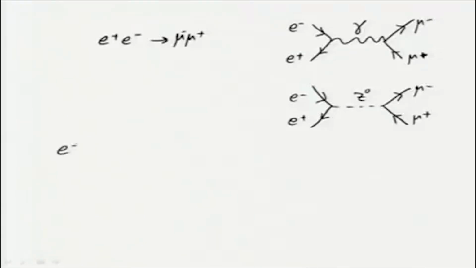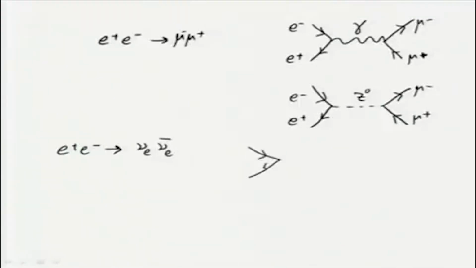There are also other processes like e plus e minus going to two neutrinos, a neutrino and an antineutrino of this type. There is no way that this can go through electromagnetic interactions.